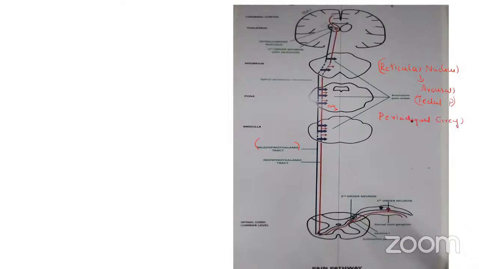So 90% of the paleo-spinothalamic tract fibers go to these regions. Only 10% goes to the thalamus. That's why it is poorly localized. Thalamus is the region which helps to localize the pain. That is why the visceral pain is poorly localized. And finally, these fibers go to the somatosensory area of the brain.